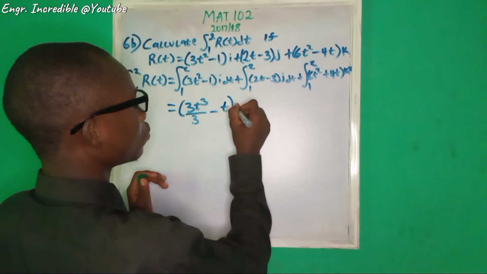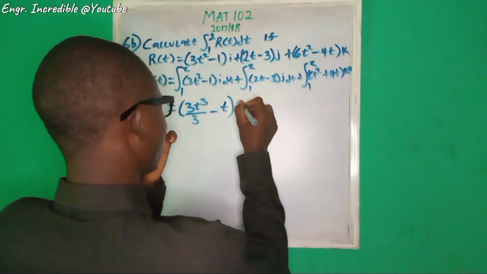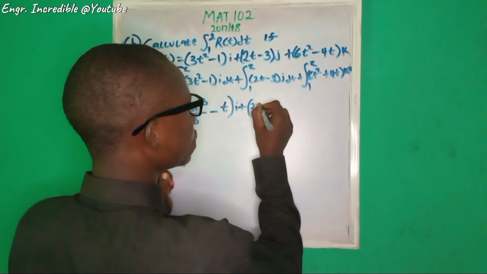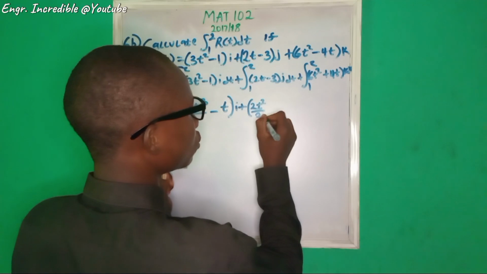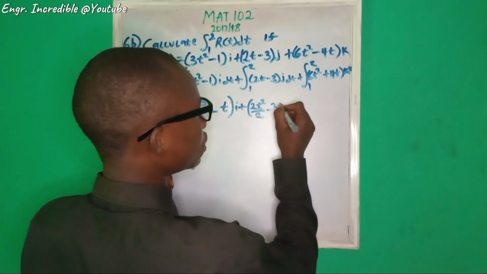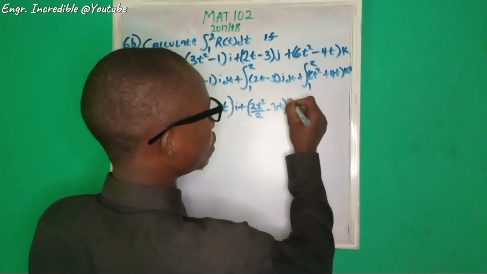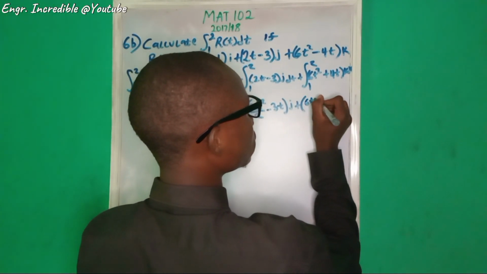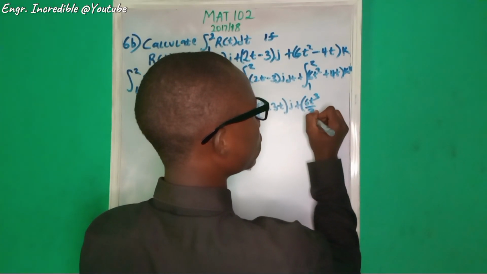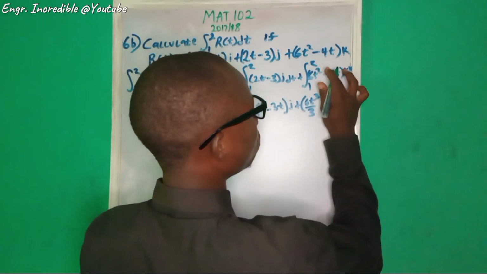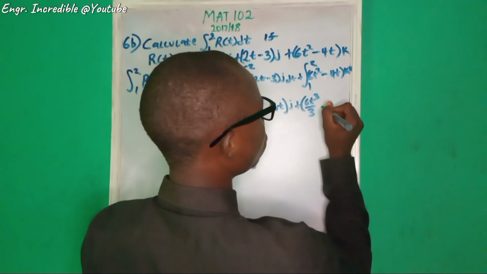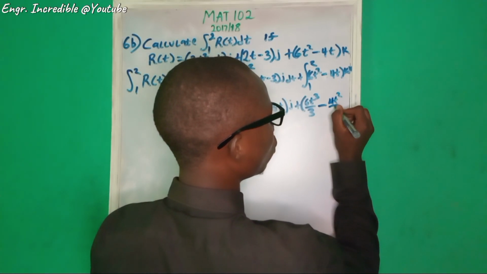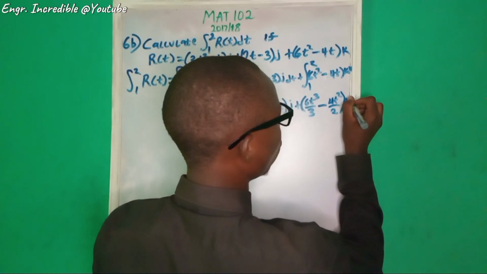That is this one for i, then plus, on this part we have 2t raised to power 2 divided by 2, then minus 3t of j, then plus, also on this side we have 6t raised to power 3 all over 3, this is not plus here, this is minus, then minus 4t raised to power 2 all over 2 of k.